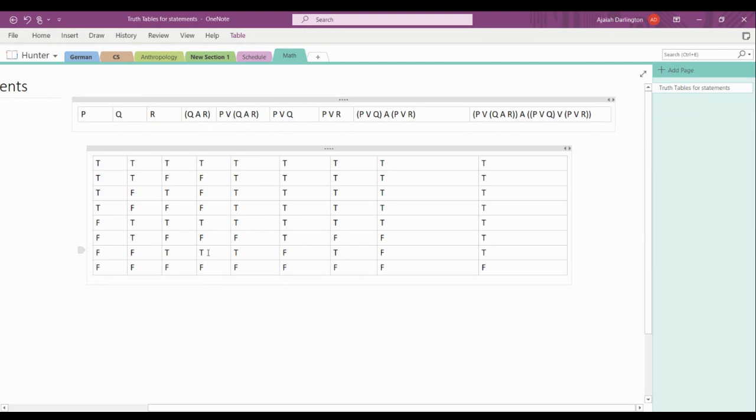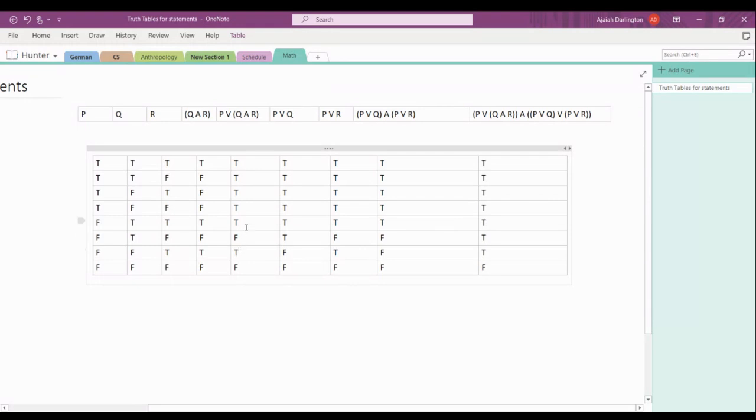And P is false. So false or true has to be true. But in this case, P or Q and P or R, let's see, P or Q is false. P or R is true. And the AND would be false. That's right. So we need to fix it.